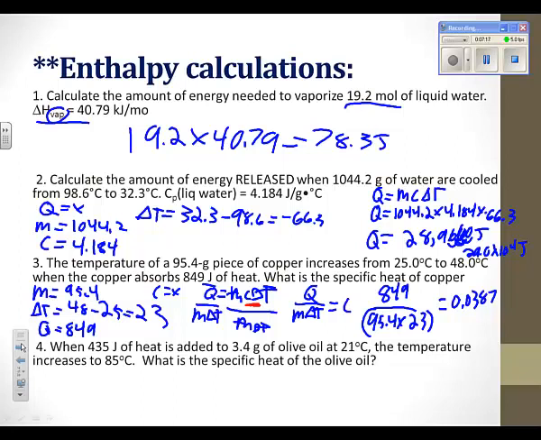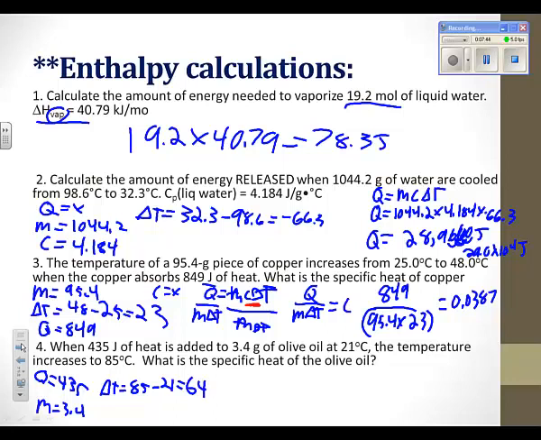Number 4, you have 435 joules. That's going to be Q. You have heat added. You have a mass of 3.4. You have a delta T of 85 minus 21, which will be 64.